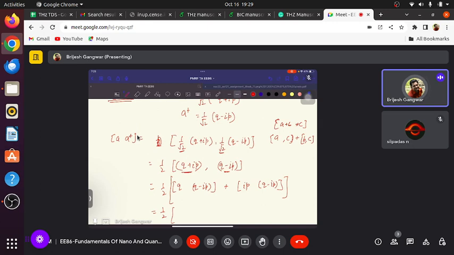So this will be the commutator of q and q, plus q and minus ip, then again plus ip and q, plus ip and minus ip. Okay, the same commutator gives you 0.